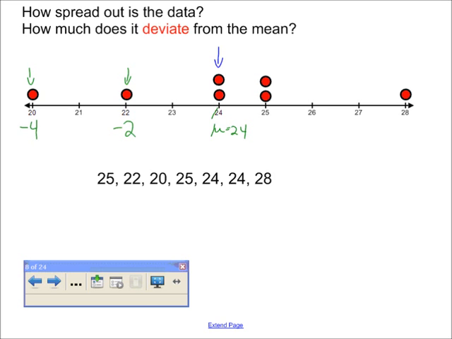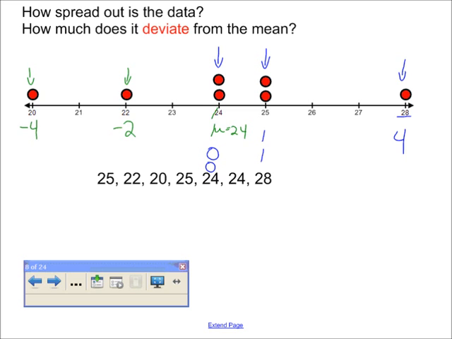At 24, all the deviations are 0, so we have 2 that deviate 0 from the mean. Here we have 25, so we have 2 different data points that are one greater than the mean. And over here at 28, we have a data point that is 4 away from the mean.